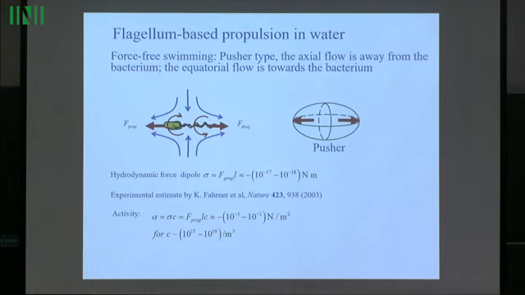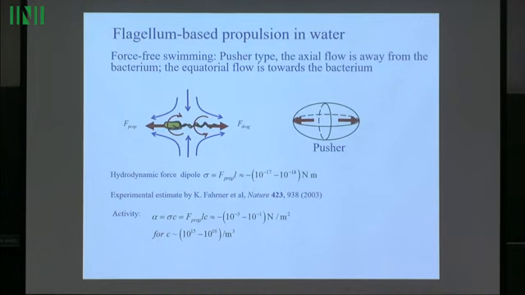And the force that is created by the rotating shape should be balanced by the drag force, because there are no forces applied to the bacteria when they swim. So by Newton's law, the total force must be 0, and that means that the propulsive force must be exactly equal to the drag force. Those blue lines show the flows of a fluid that is directed towards the center and towards the nose and the tail of the bacterium.